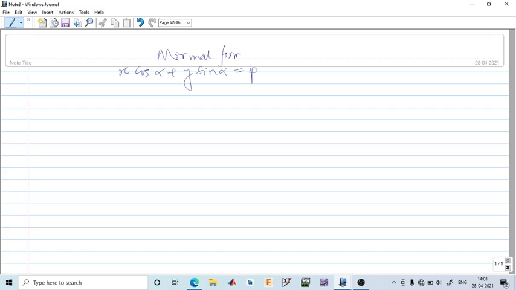When we are doing normal form, we show like this. This is p, right? And this angle is alpha.